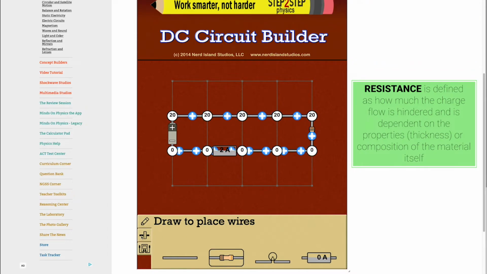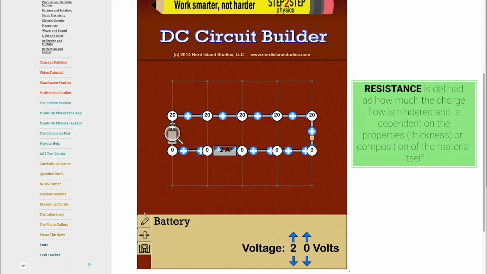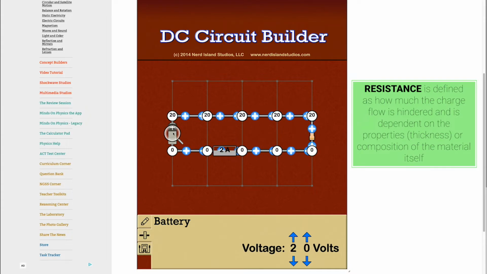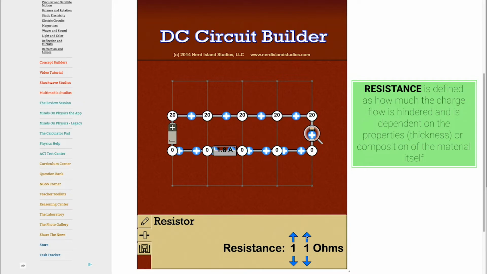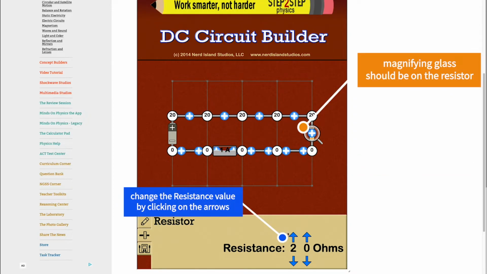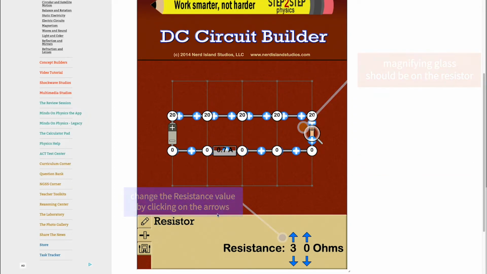In this lab, to find out how much the resistance is, we're going to click on the second tab again, and we see that the magnifying glass is on the battery. We're going to click on the resistor, and we see that the resistance is at 10 ohms. When we increase by 1, we see that the current also changes, and when we increase by tens, we can also see the current change.